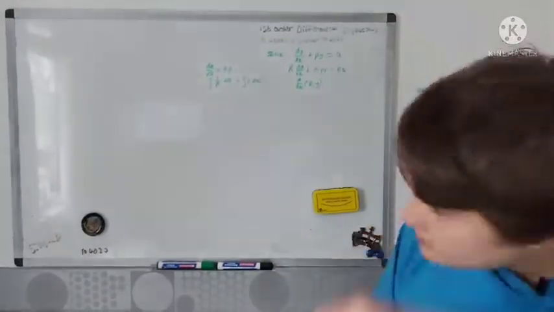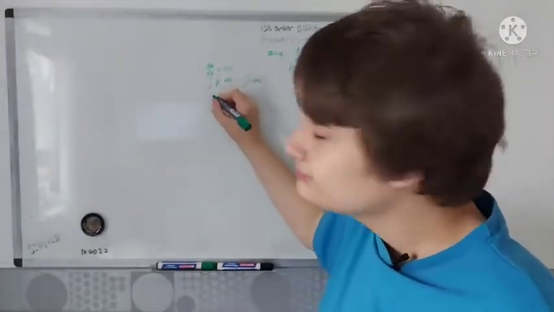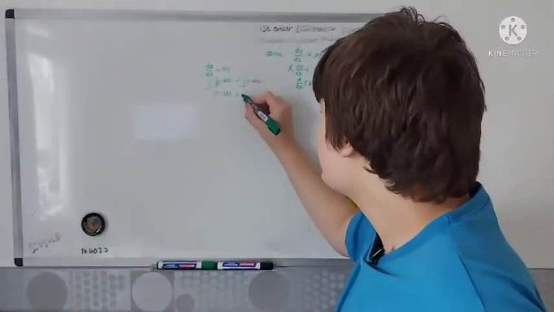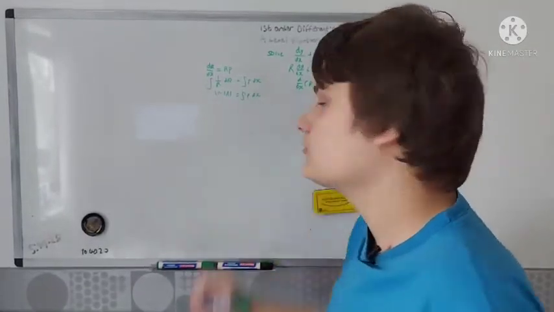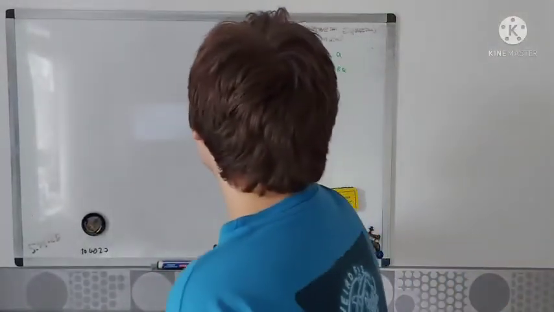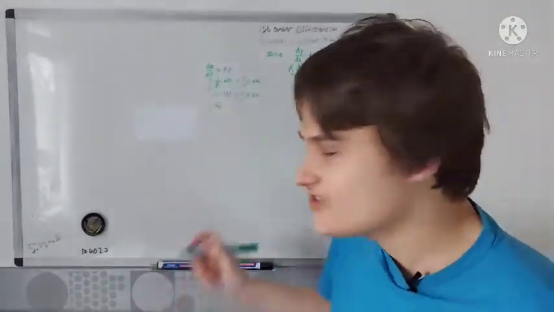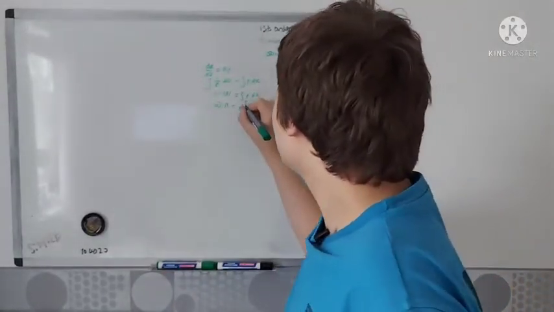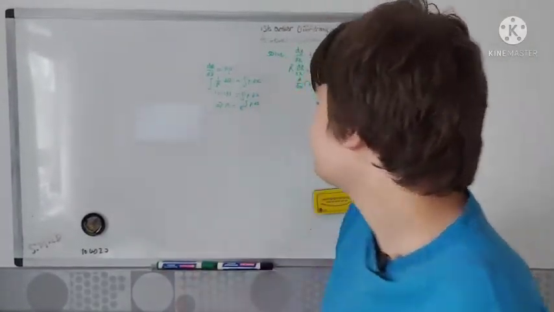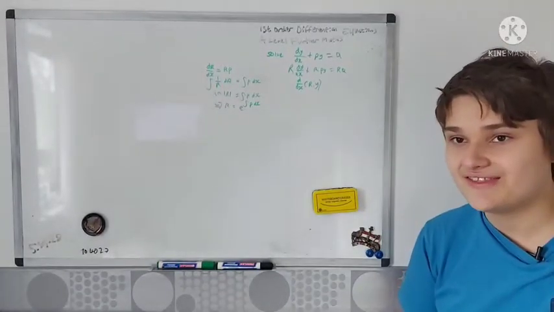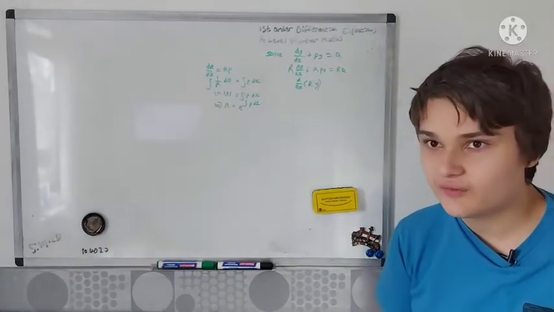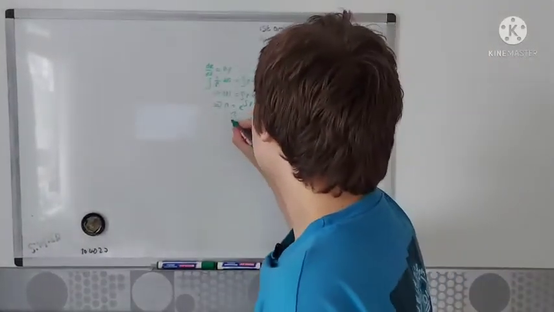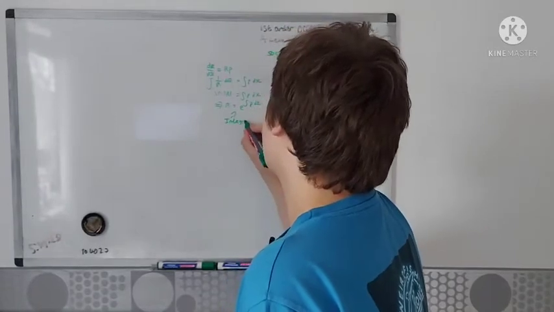Integrating that will give me log of r, using our knowledge of 1 overs, equals the integral of p. How do I get r? You just take e to the power of both sides: r equals e to the power of the integral of p dx. That is what we call the integrating factor, where r is a function of x as such. This is the integrating factor.